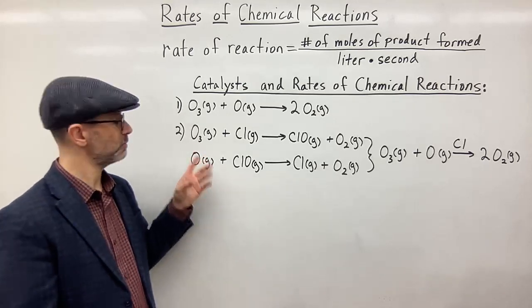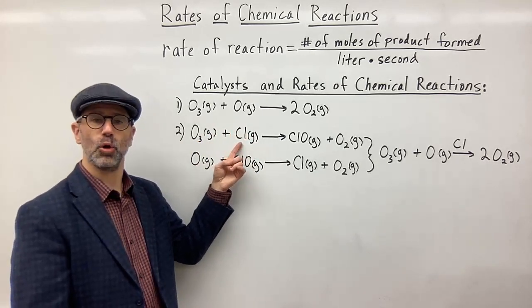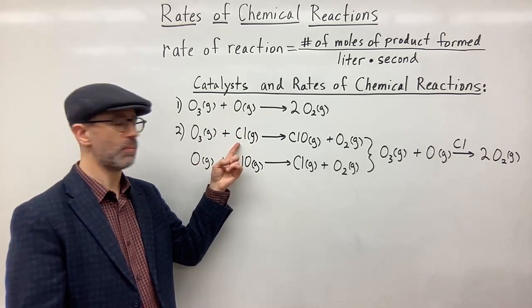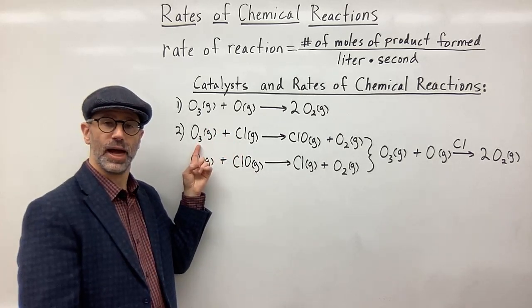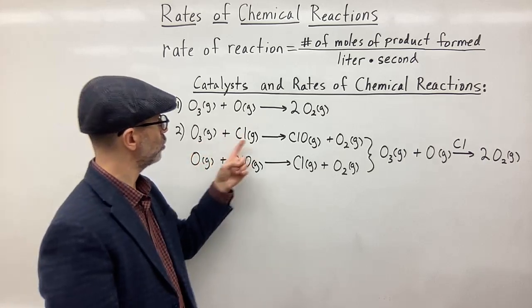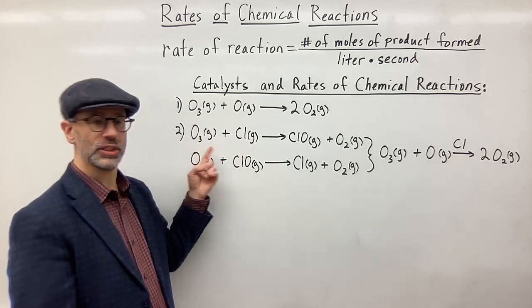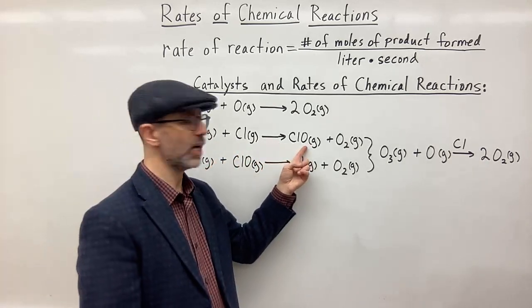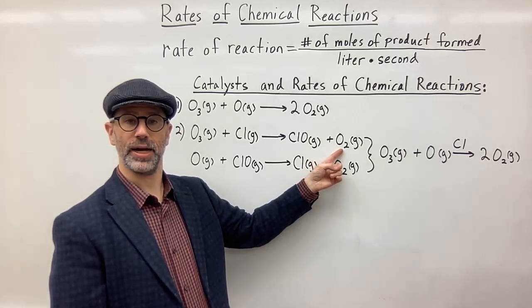In this case, the catalyst would be chlorine. So we have a chlorine atom, not a chlorine molecule. A chlorine atom can collide with an ozone molecule, and the chlorine atom can bond with one of the oxygens to form ClO, which leaves O2 behind.